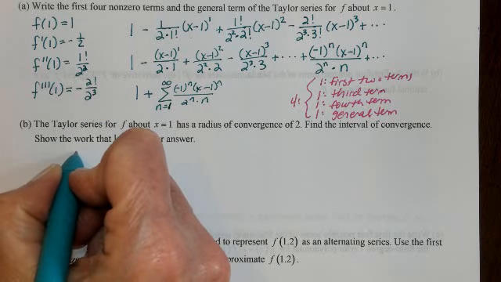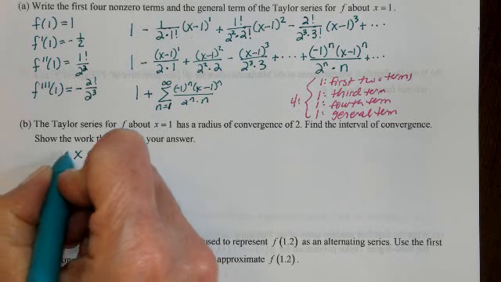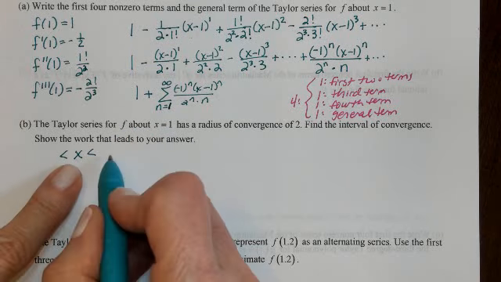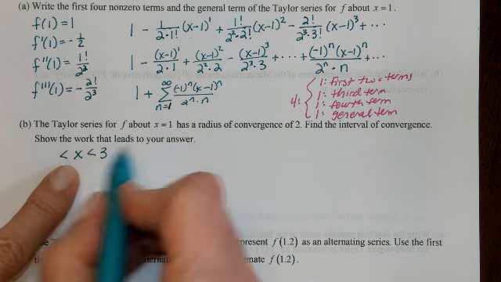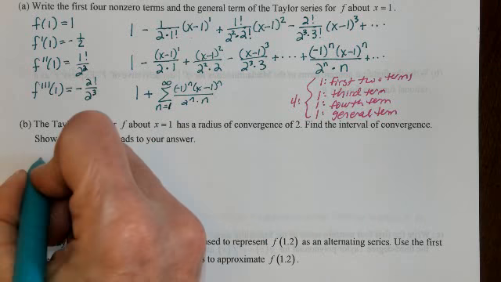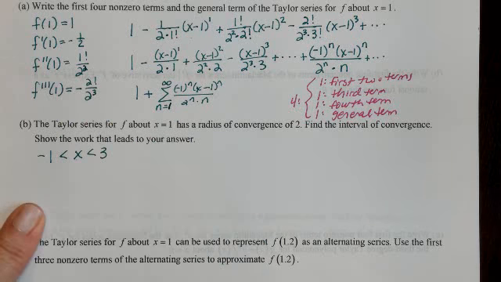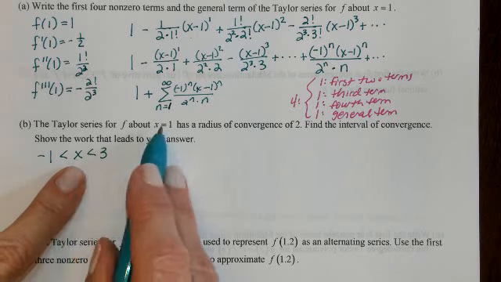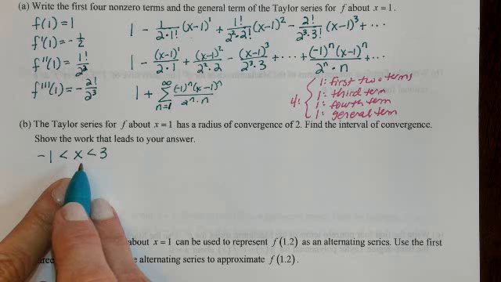We're centered at 1, right? So x would be between, we're 2 away from 1 on this side, so 3, and 2 away from 1 on this side would be a -1, right? That would yield a radius of convergence of 2 centered at x equals 1.